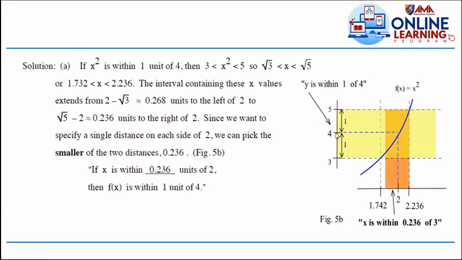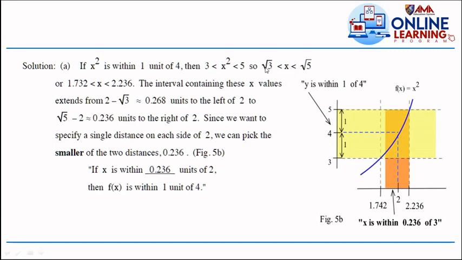So, 1 unit of 4, okay? Pag 3, ano yung x natin? Pag 5, ano yung x natin? Ito na siya. So, then, x squared should be greater than 3, but less than 5.